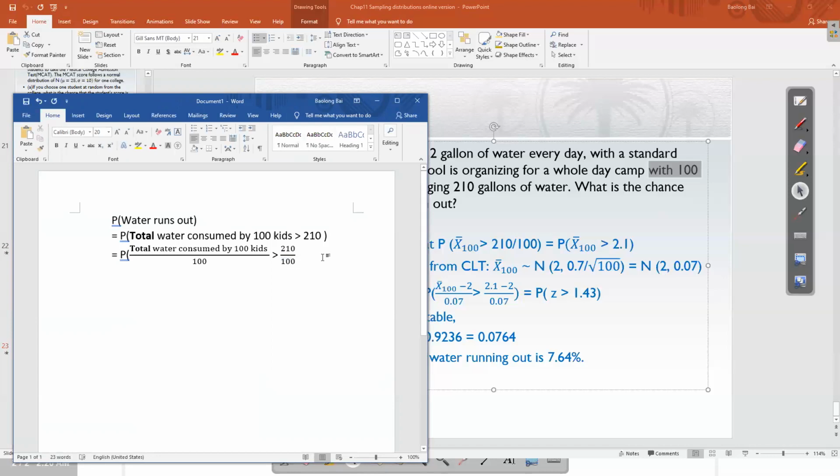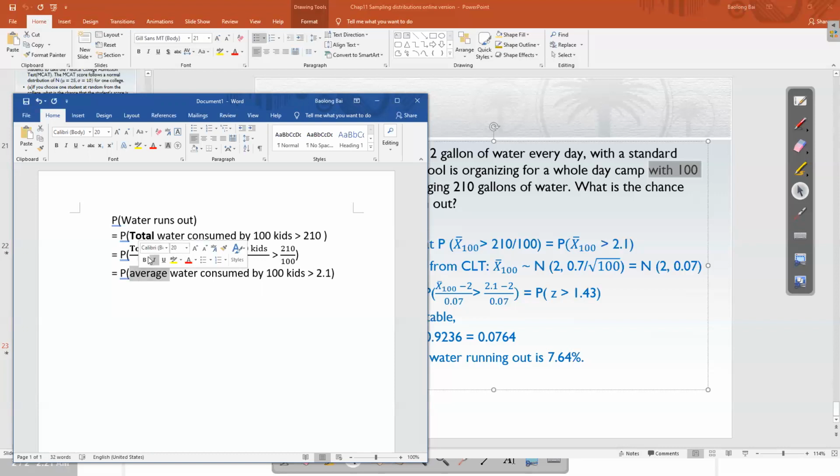So the probability will stay the same, right? Basically, divide both sides by a number, then the probability will stay the same. But now when you look at it, total water consumed by 100 kids divided by 100 kids will become what? That will be the average water consumed by those 100 kids, right? And that will be greater than 2.1 gallon, right?